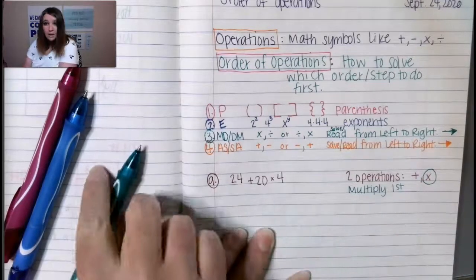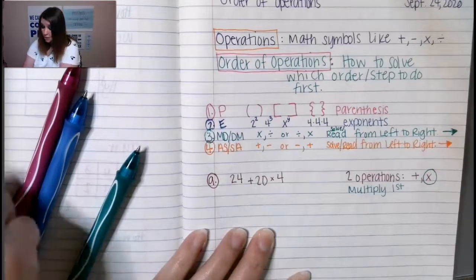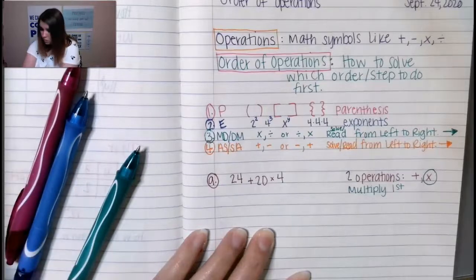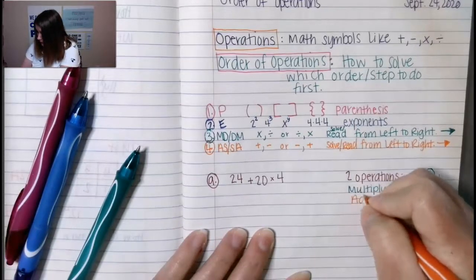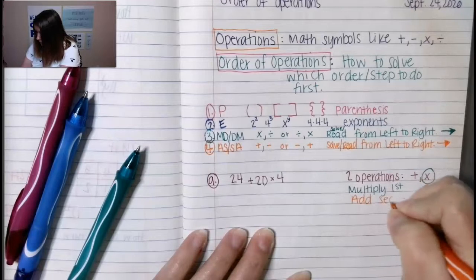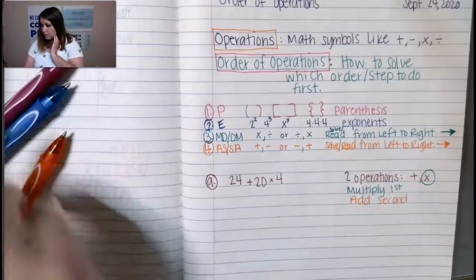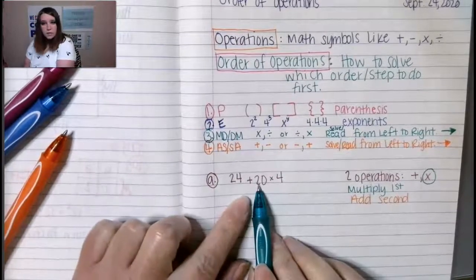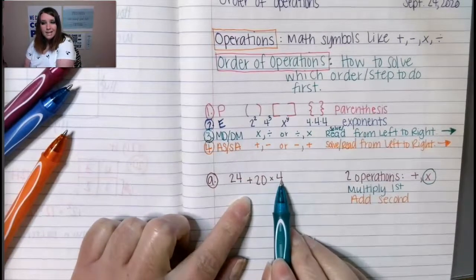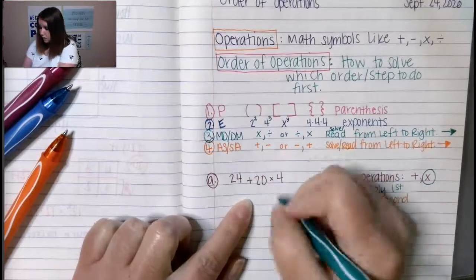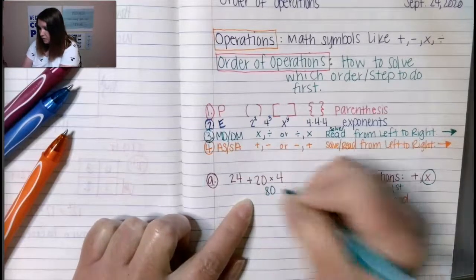Then I can add. Adding will come second. Okay, so adding was orange, so I'm going to do add second. All right, so let's go ahead and solve this. So I'm going to multiply first, and I know that 2 times 4 is 8 and a 0, so that gives me 80.